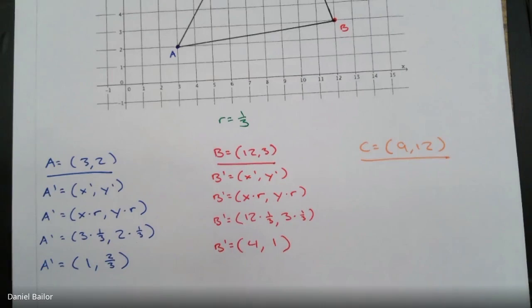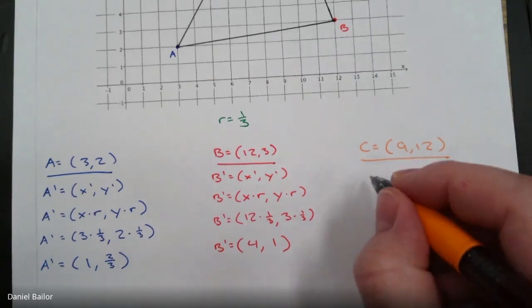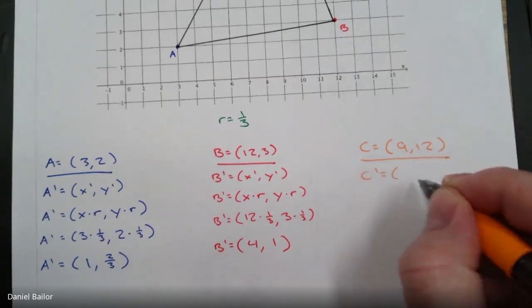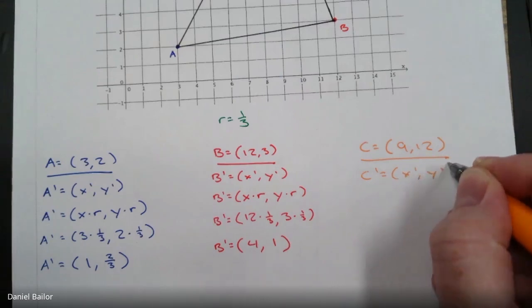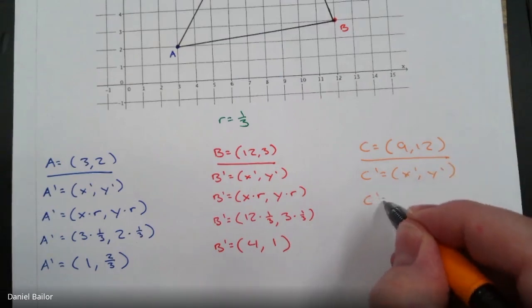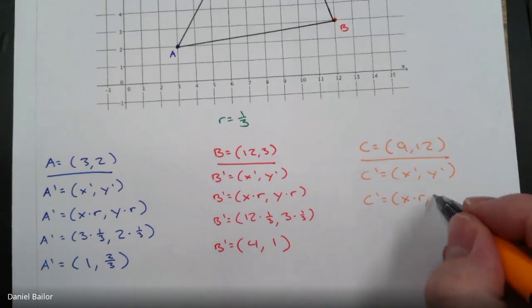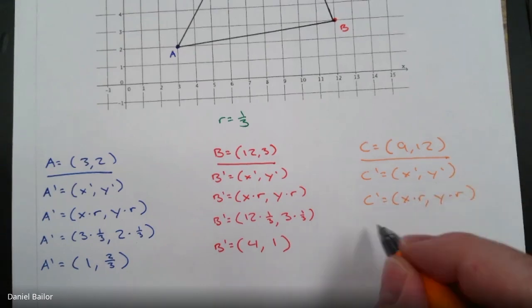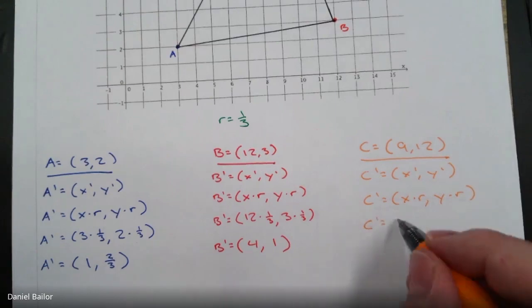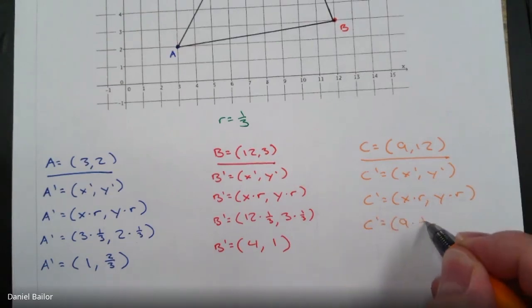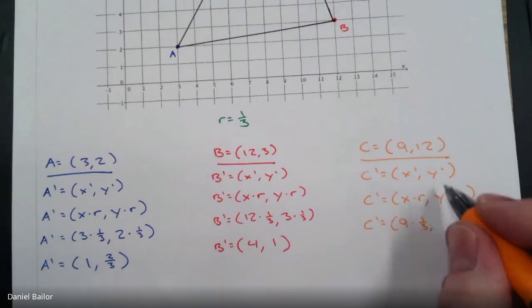We just need the coordinates of C prime. C prime is still going to be, we need the new x and the new y. The new x is the old x times the scale factor. The new y is the old y times the scale factor. We fill in what we know. The old x was 9. The scale factor is 1/3. The old y was 12.